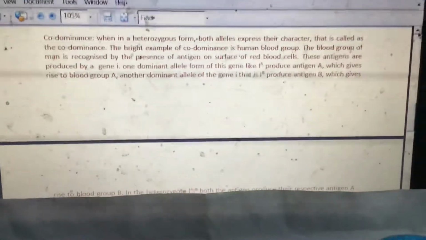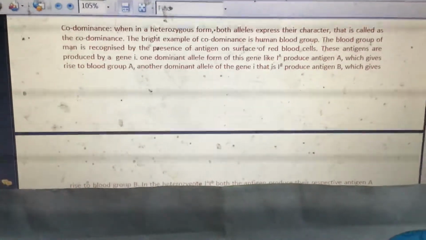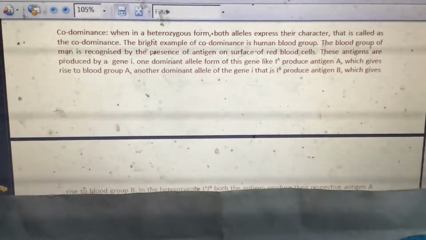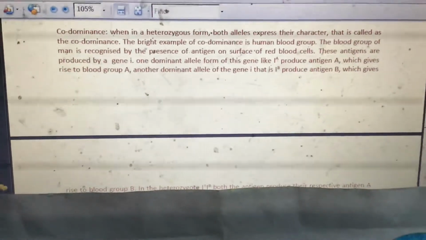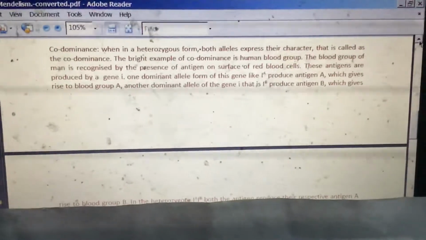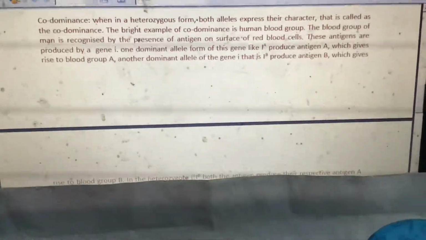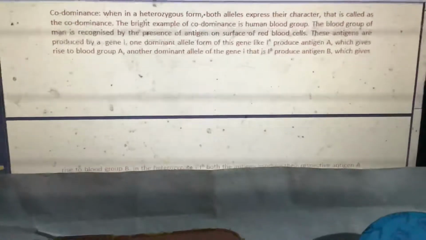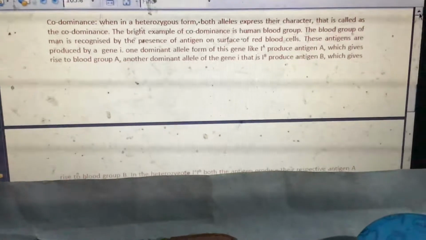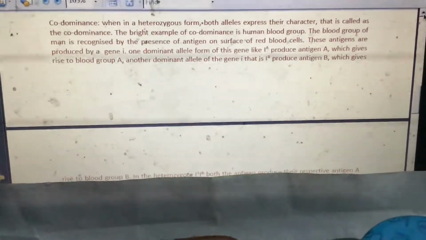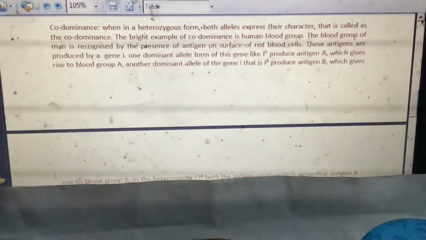Human beings have one gene, I, which produces the antigen on the surface of the red blood cell. According to the type of antigen produced, the red blood cell is named, and I is the gene responsible for the production of the antigen.